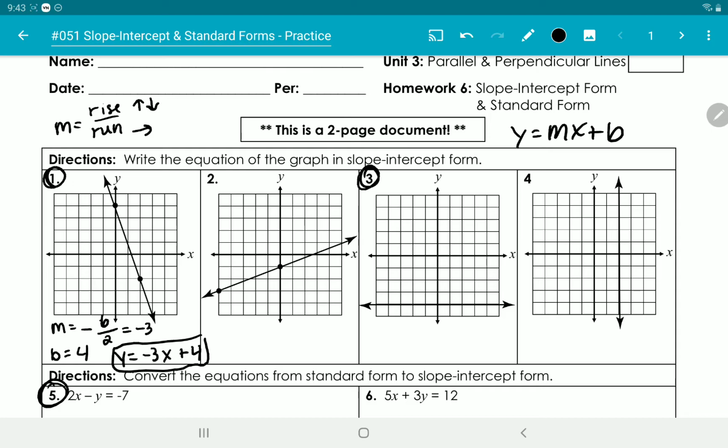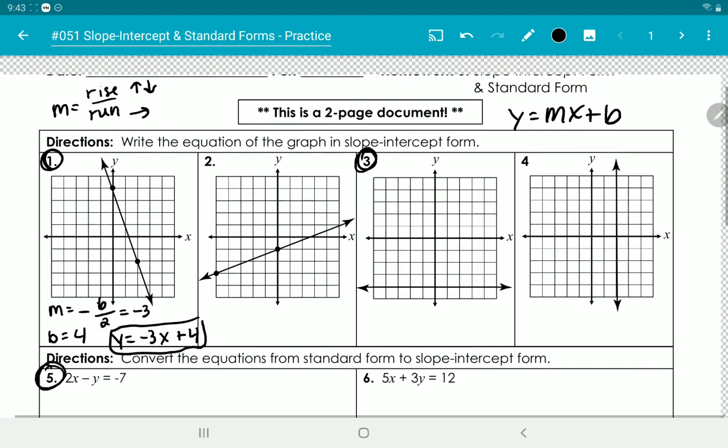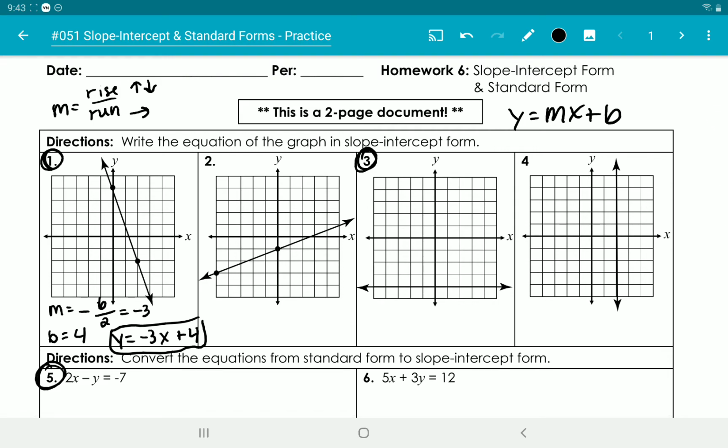That's what we're doing. Except for 3 and 4, you can see that these are either horizontal or vertical lines. We said in the last one, the notes before this one, that if it is horizontal, which this one is, then it is going to be y equals some number.